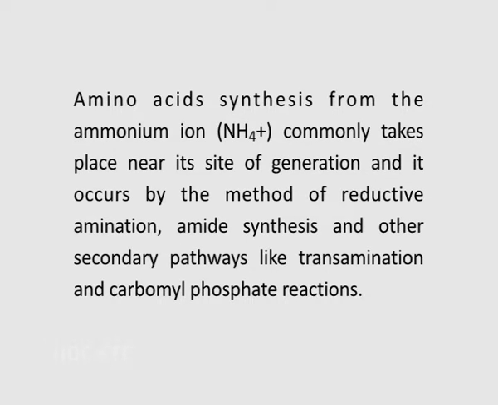The ammonium ion so produced is toxic and is rapidly utilized for the synthesis of amino acids, and excess ammonium ion is stored in amides. Amino acid synthesis from the ammonium ions commonly takes place near its site of generation, and it occurs by the method of reductive amination, amide synthesis and other secondary pathways like transamination and carbamoyl phosphate reactions.